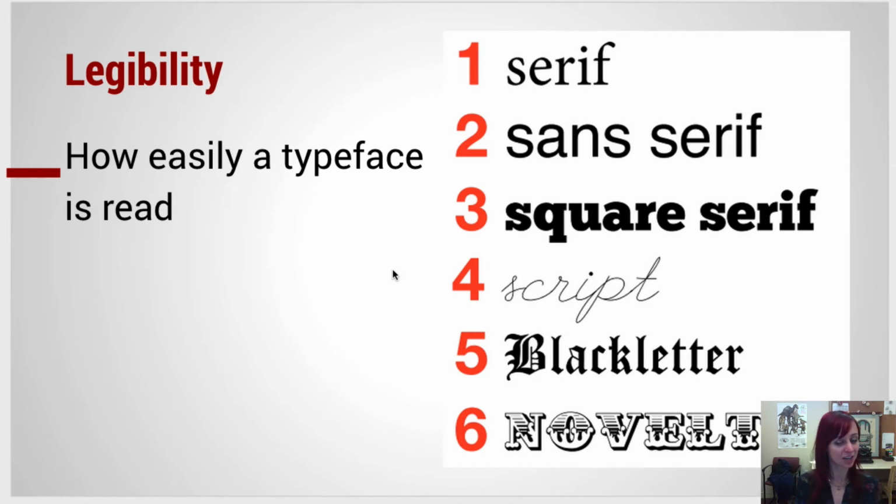Some scripts are easier than others to read, but they can get harder again because they go a little bit outside the prototype sometimes. Black letter is difficult to read because the addition of elements to the letters makes it hard to prototype match. Novelty typefaces, there's a whole slew of them. Some are easier to read than others, but typically they add a lot to the letters and make it difficult for your brain to do prototype matching.